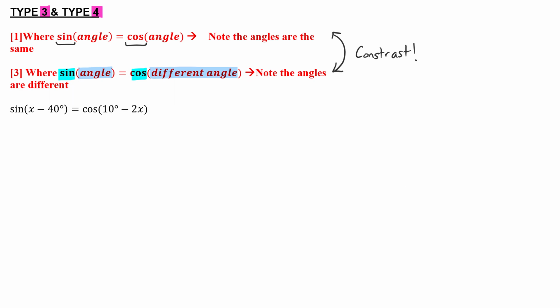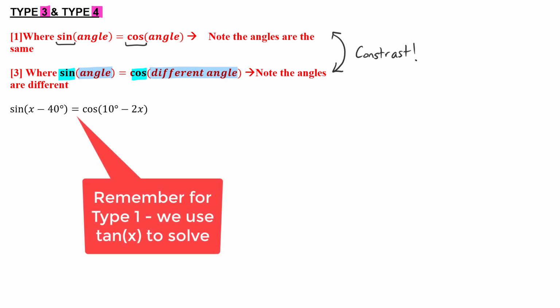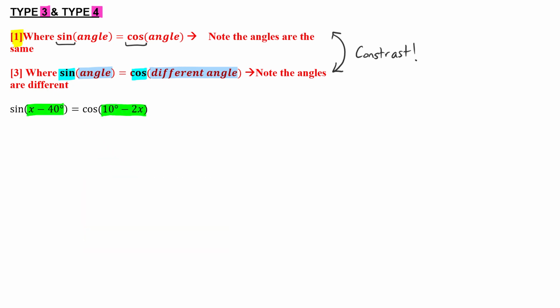So what many people tend to do is look at a question like this, for example, over here, and immediately they want to use tan like we would in option 1 or in type 1. But we can't do that here because we've got different angles. You know that the identity, where we say tan theta is sine theta over cos theta, needs all three angles to be the same in order for it to work.